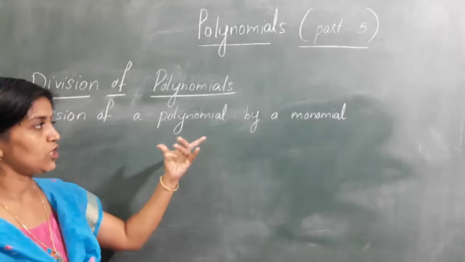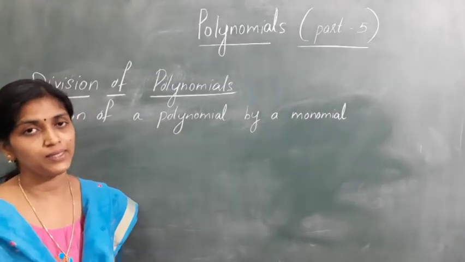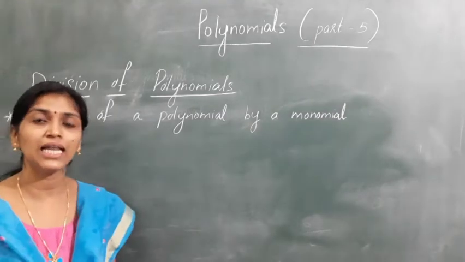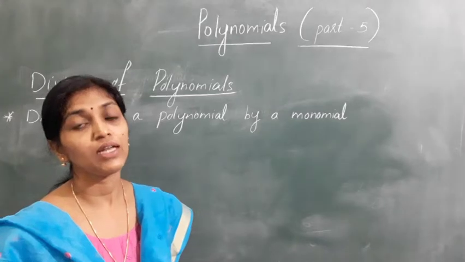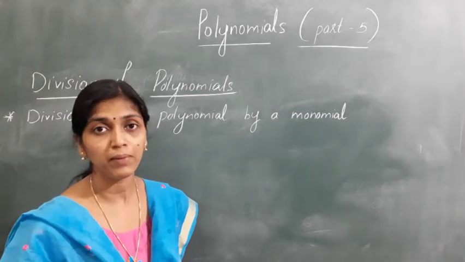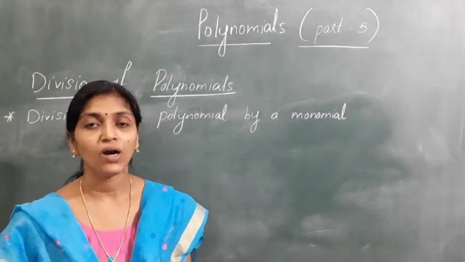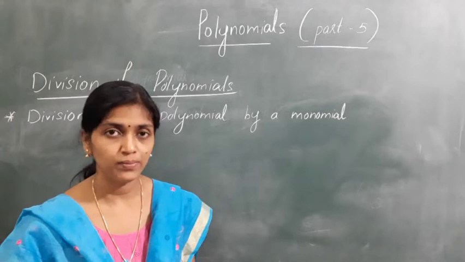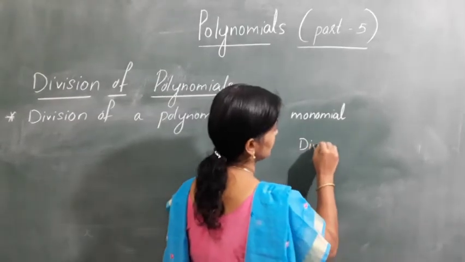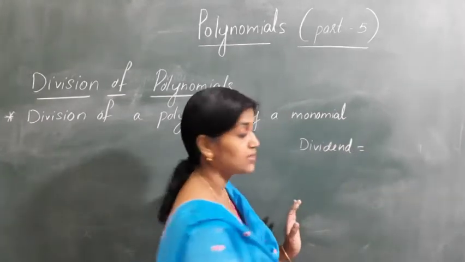So we know polynomial, monomial, all those are polynomials. And we know when we talk about division, we will have a dividend, a quotient, a divisor and a remainder. And here it is division of polynomials, so all these are polynomials. The dividend we denote as P of x.